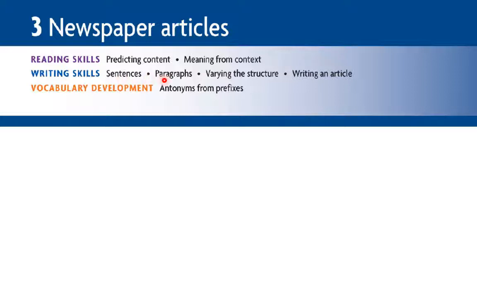Then we will focus on how to link paragraphs and how to write one paragraph about one idea. Today we will focus on the remaining of this section, which are varying the structure and writing an article.